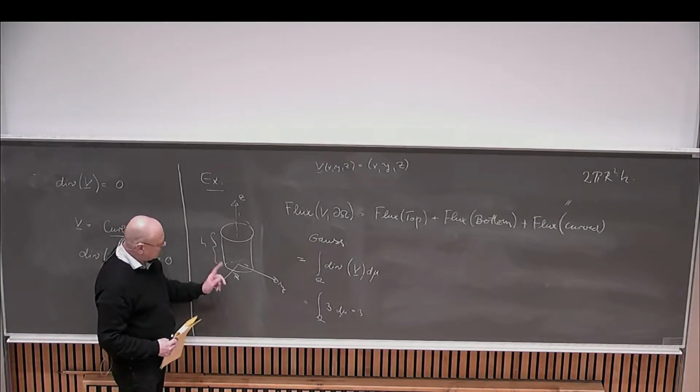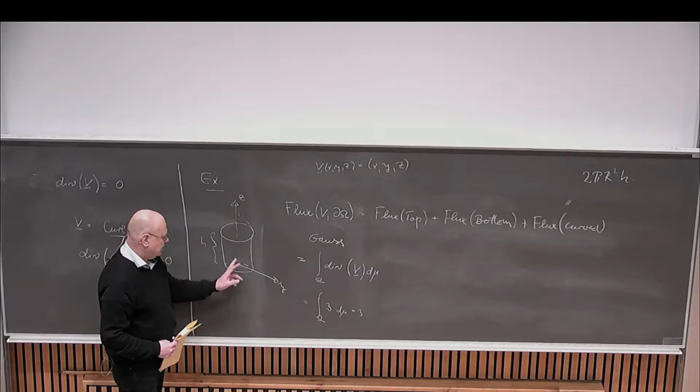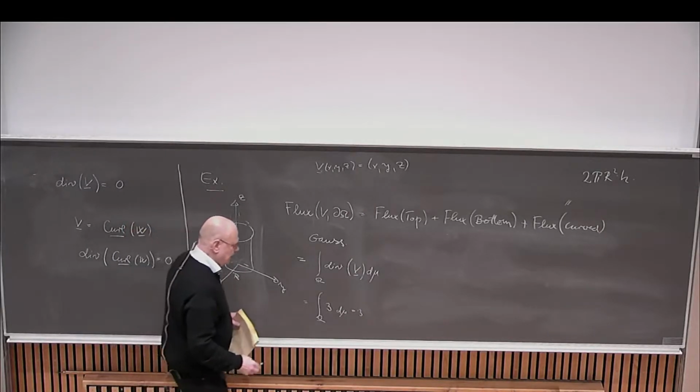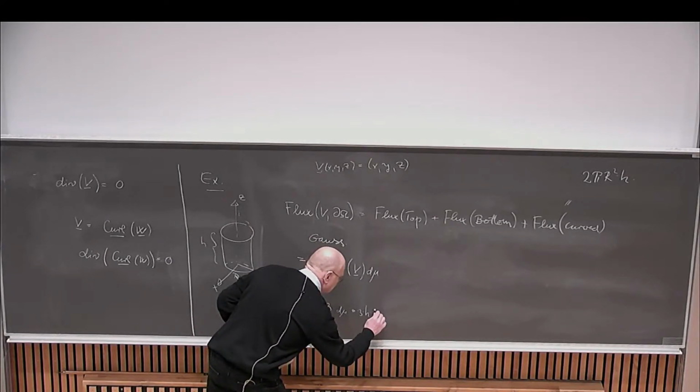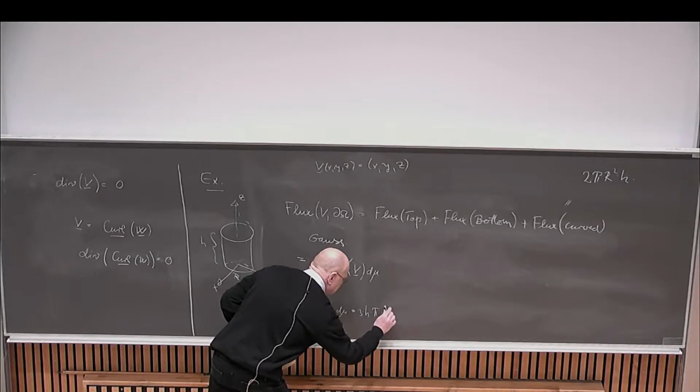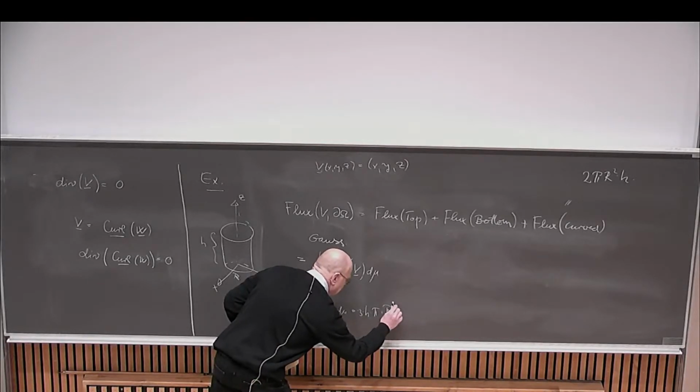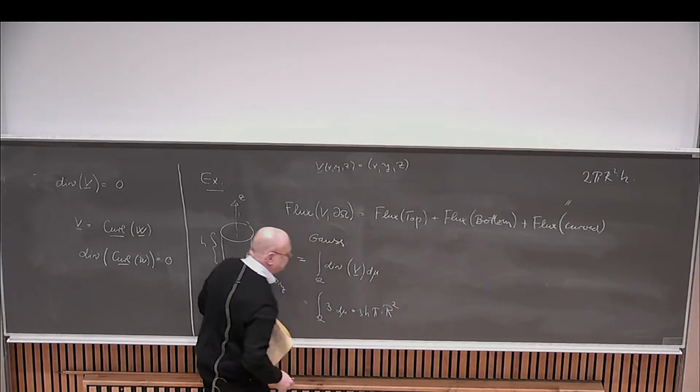The volume of the cylinder is the area of the base, pi r squared, times the height. So this is equal to 3h times pi times r squared.